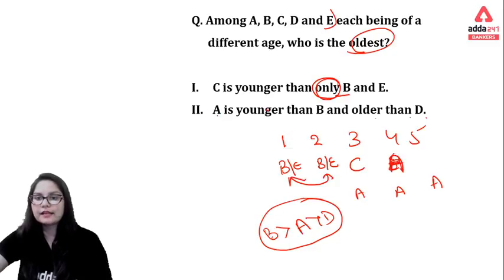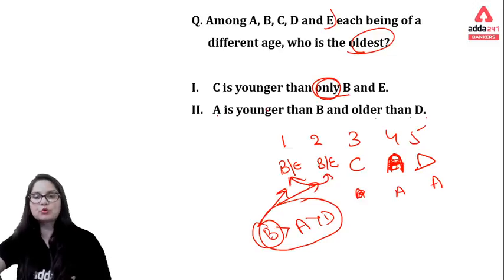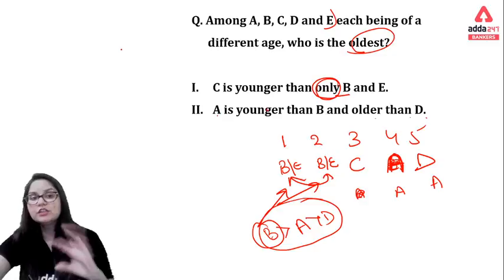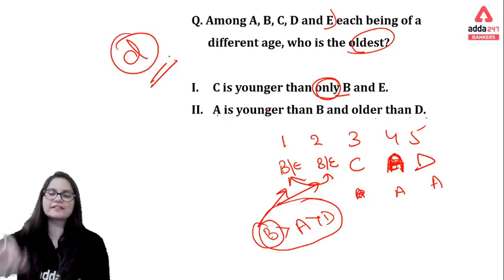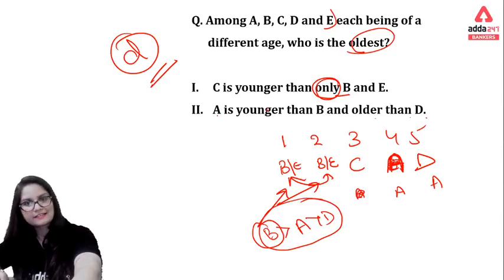By merging we are able to identify A's and D's positions, but we are not able to identify B's and E's positions. So it is not possible by merging these two, so we go with option D, that neither first nor second follows. I hope you all have the same answer as I do.